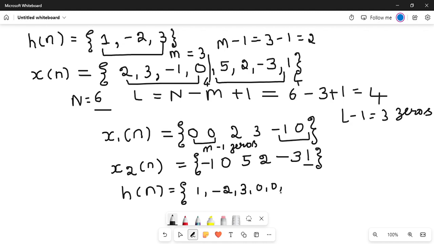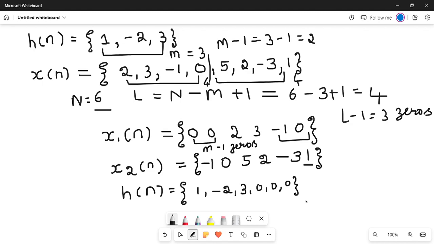One thing you should remember: where should you add the m-1 zeros and m-1 values? You should add them at the beginning. To x1 of n you add m-1 zeros in the beginning. To x2 of n you add m-1 values of x1 of n in the beginning. To h of n you add l-1 zeros at the end. That is what you are supposed to understand.